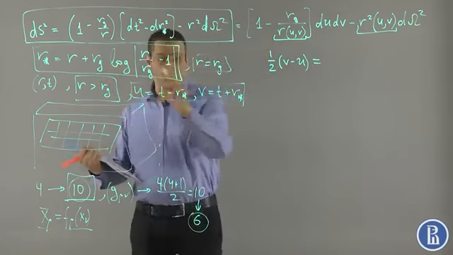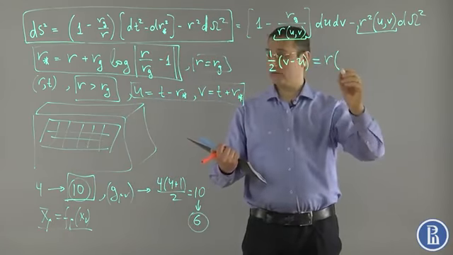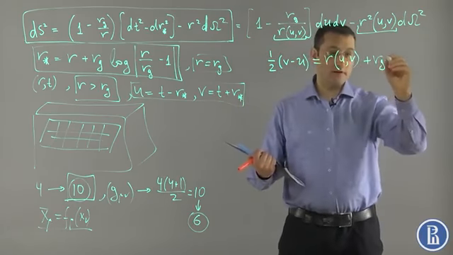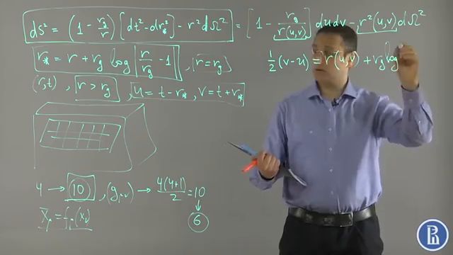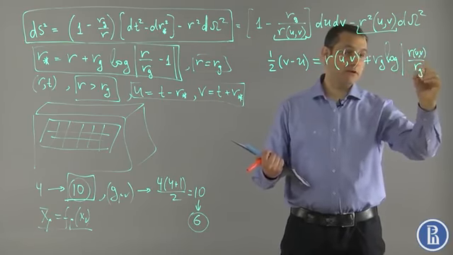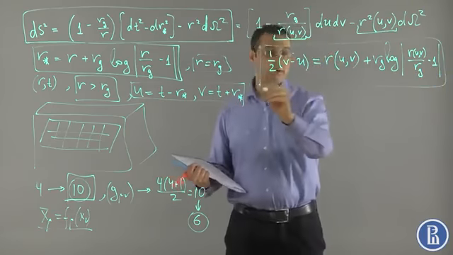And this is a function of u and v given by this relation: log of (r of u and v over rg minus 1). So this is the relation specifying this function.